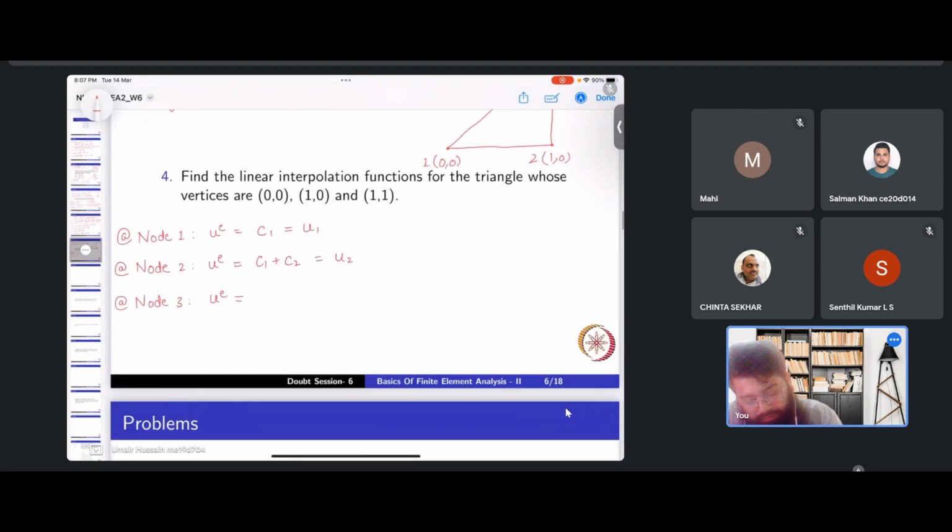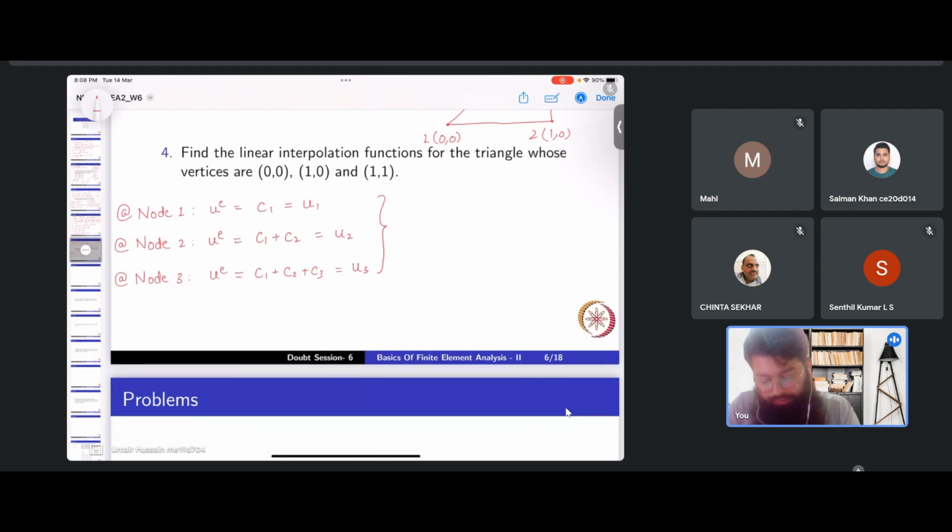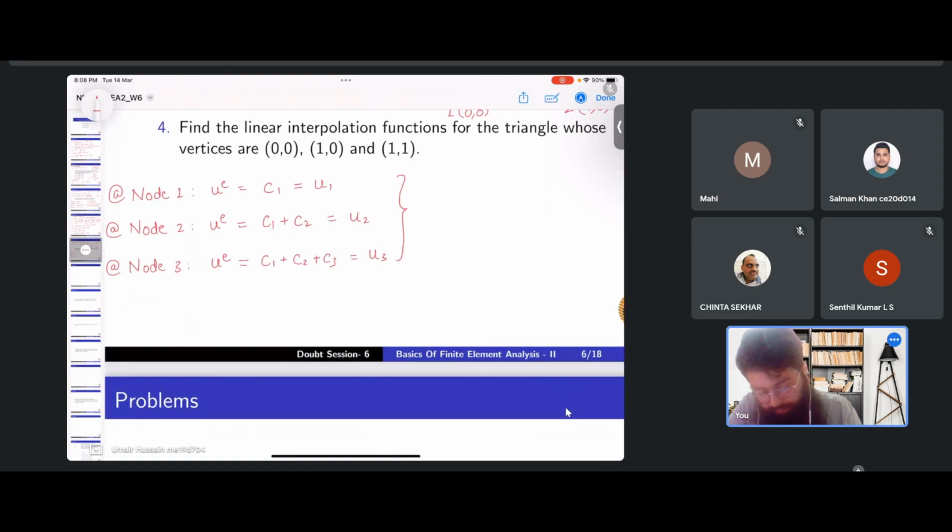So we get all three constants, c1 plus c2 plus c3, which is equal to u3 using equation 2. So these are our three equations to calculate the three unknowns c1, c2, c3. We could have done this by making the matrix for the system of equations and then finding the inverse. It will be time consuming. So we'll get this matrix here.